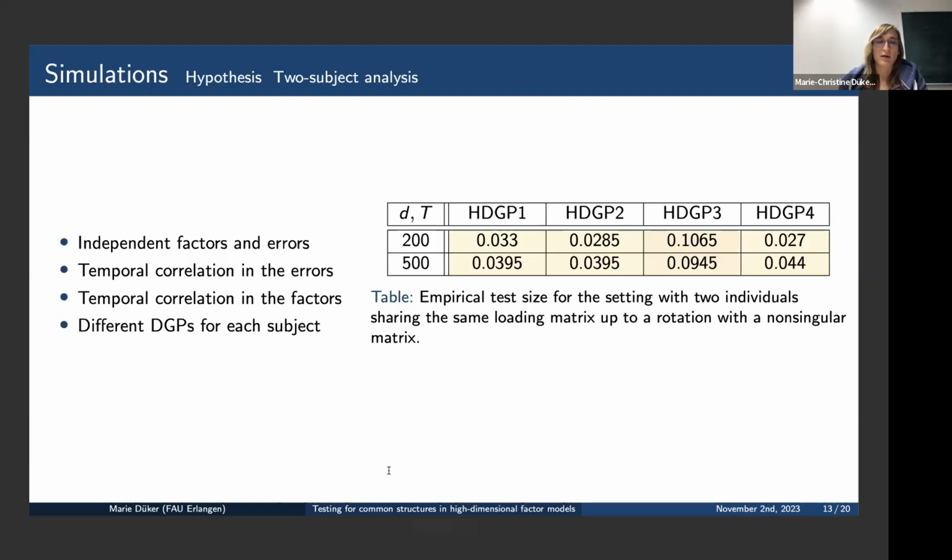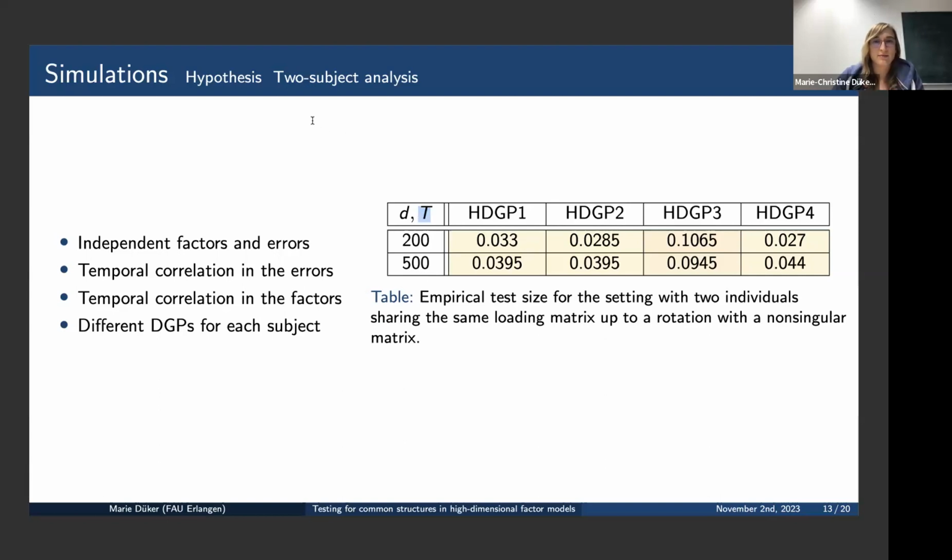Yeah, so before I move on to some other discussion, a little bit on the simulation part. We conducted very similar simulations as in the Han and Inouye paper, actually. We considered that the dimension and the sample size are both 200 and 500.